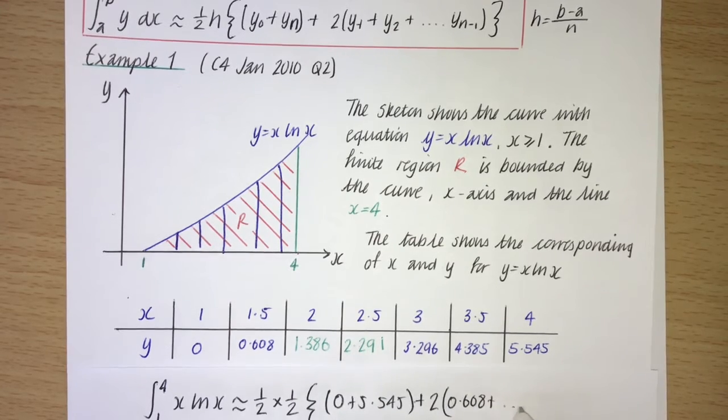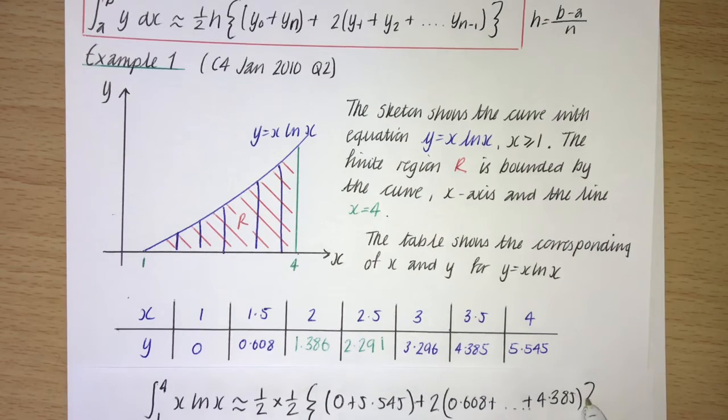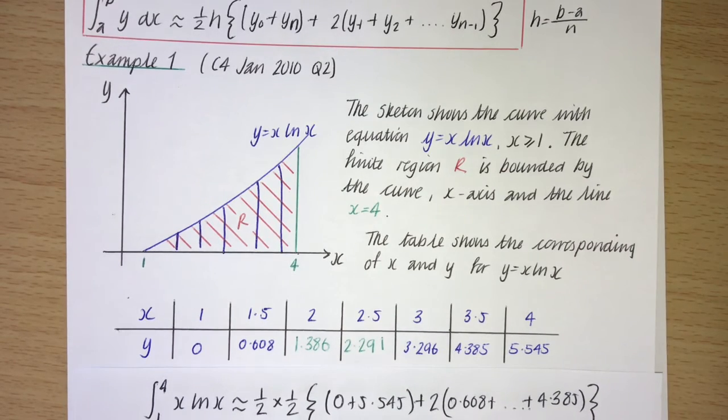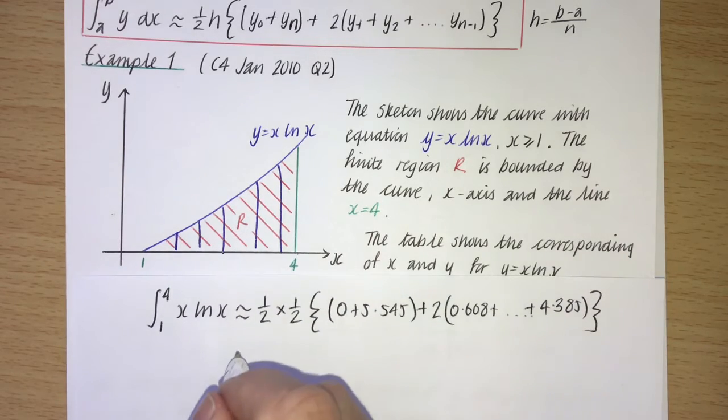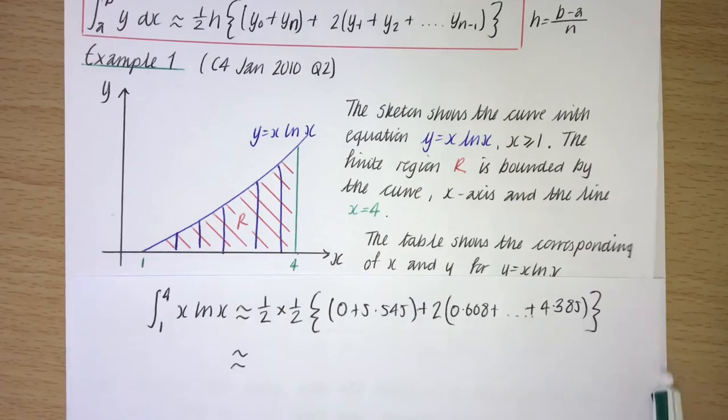0.608 plus, now I'm running out of room here, so I would recommend writing them all down. There we go. So that is what we're going to type into our calculators, approximately equal to. So I'm just going to pause it here while I do some calculator work.